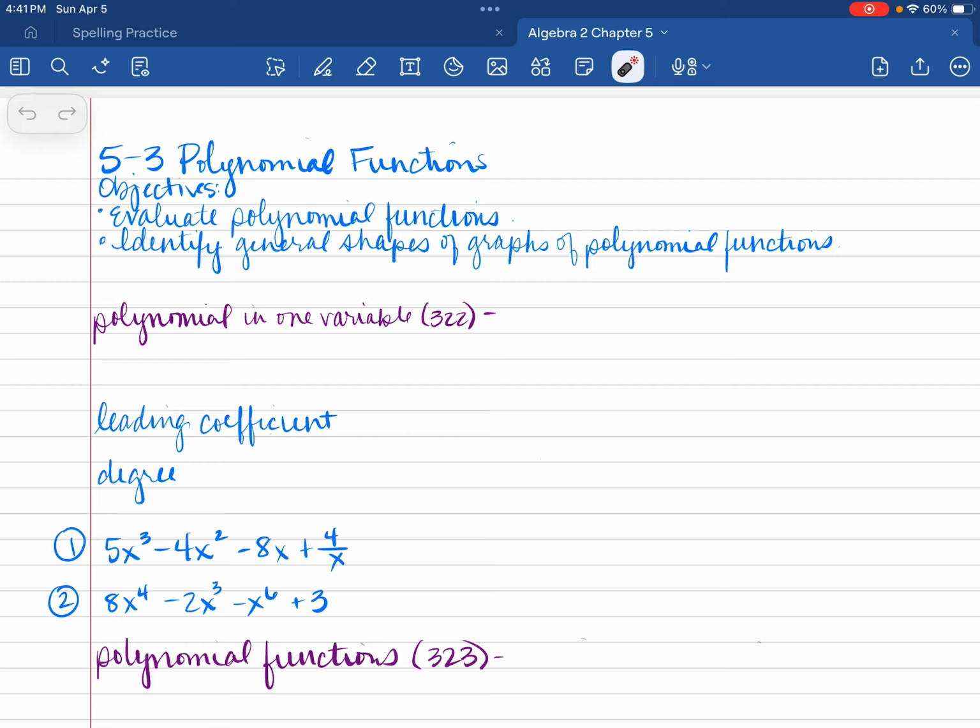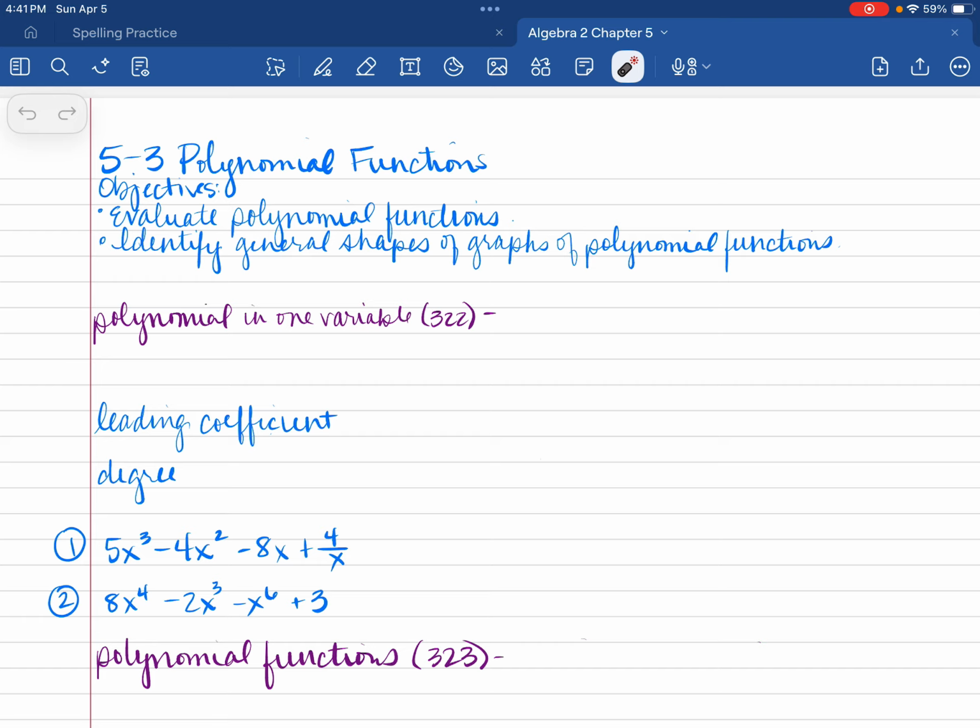The second part is going to be that second objective, looking at end behavior of functions and trying to identify different characteristics based on a graph or based on the equation. You will not be, at this point, having to graph polynomial functions.